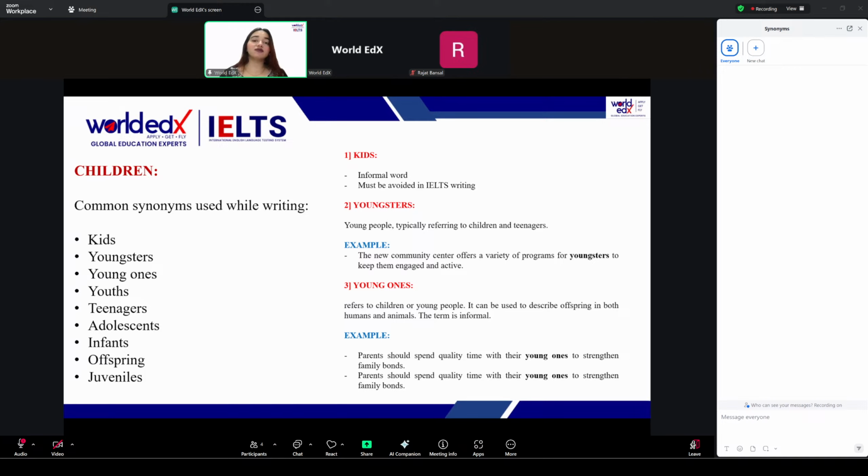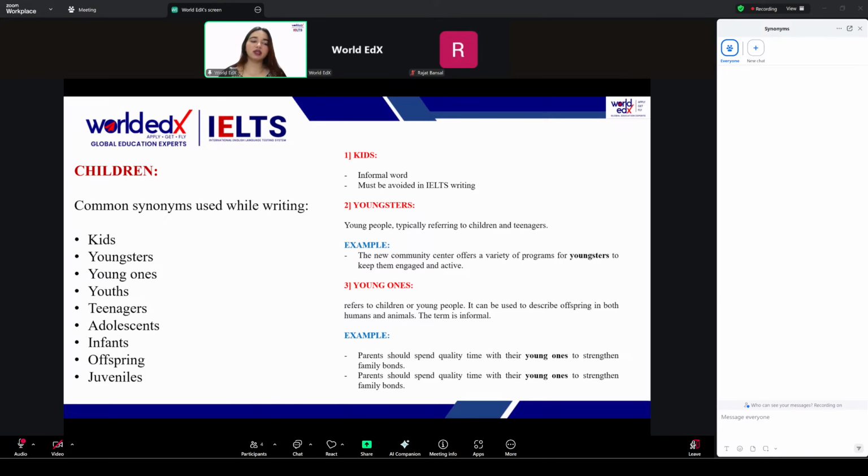So, kids is an informal word and it should be avoided in the writing task, for the simple reason that when you're writing task 2, you have to incorporate a lot of formal vocabulary. Youngsters, you can definitely use, because it's a formal word. Adolescents is also something that you can use for writing task 2. Again, it's a formal word. Juveniles, I would say that yes, you can use it.